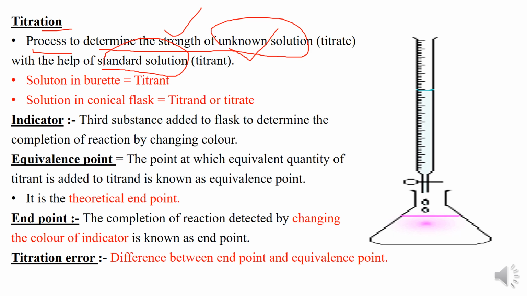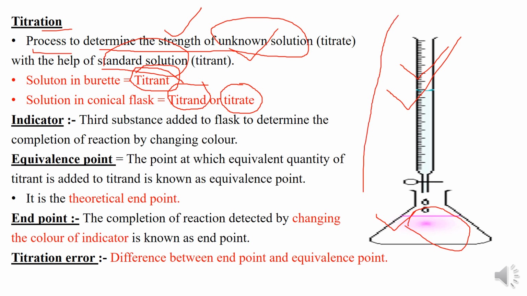For the titration process, we use two types of instruments. One is known as the burette, and this is the conical flask. The solution placed inside the burette is known as the titrant, and the solution kept in the conical flask is known as the titrand, or titrate.